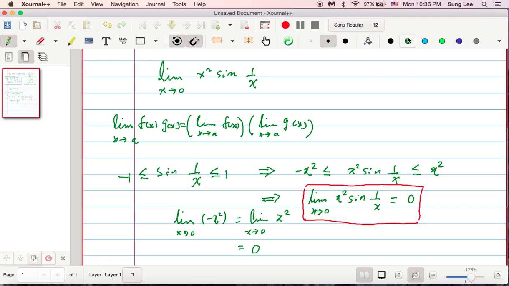So here we use the what? By the squeeze theorem.